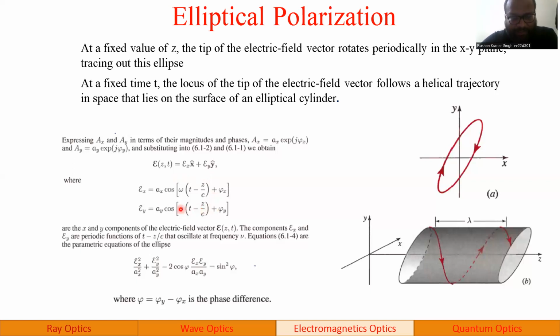When we simplify it in x and y, we get an elliptical equation in the form of a helical path. That's why the wave travels in a helical form, and that's why we call it elliptical polarization.